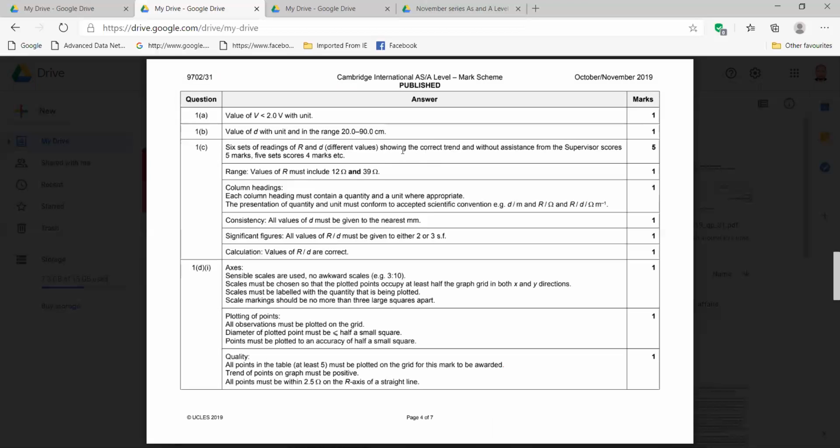Okay, so if you are taking help from the supervisor, you will lose 2 marks. Out of this 5 marks, you will lose 2 marks. Only out of the whole experiment, you will lose 2 marks, if you take the help from the supervisor.